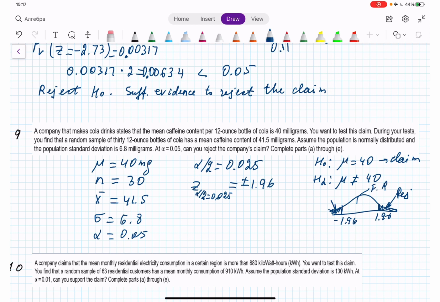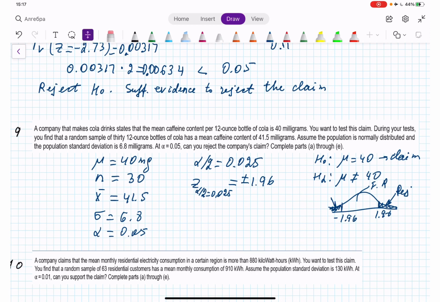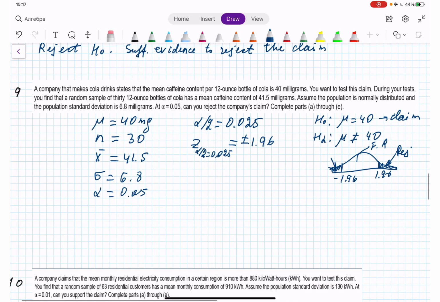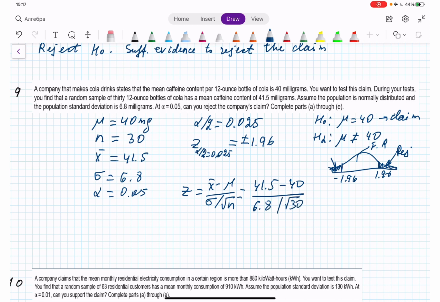Okay, next we need to find the standardized statistic. Standardized statistic we find based on calculation. So our z-score, z standardized, is equal to x bar minus mu over sigma divided by square root of n. X bar is 41.5 minus mu, 40, divided by sigma, 6.8, divided by square root of 30.